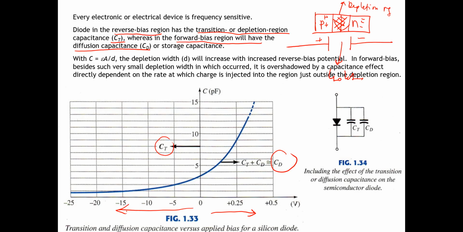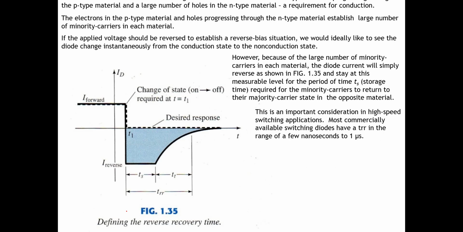Okay, and another is reverse recovery time. It means that from forward to reverse, if we turn off the diode, where first we connect the diode to the bias condition and then we remove the bias condition, the current doesn't make a direct transition from forward on to off, but needs some specific time.